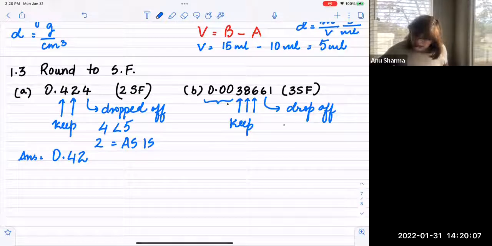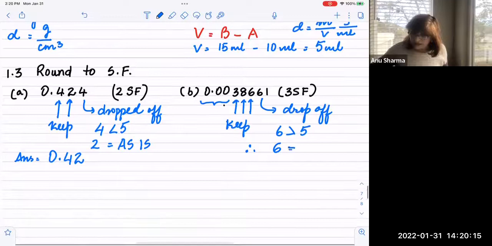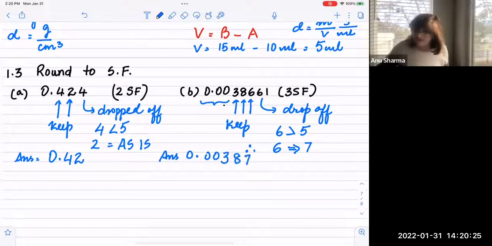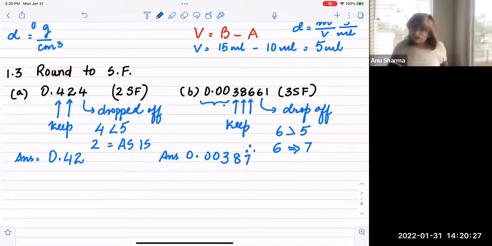The 6 is more than 5, so the remaining 6, the first one, becomes 7. The answer now is 0.00387. So you have your 3 significant figures, and you have rounded the number off as indicated.